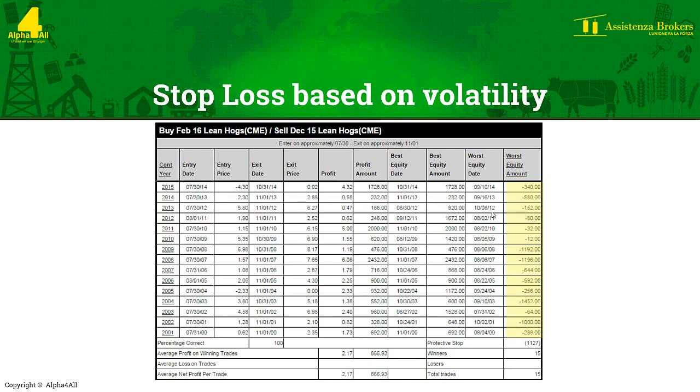When setting your stop loss, consider the volatility of the spread. Looking at all the years in the table, there are a number of them where the best equity amount is higher than the actual profit made. Taking 2013 as an example, we can see that the best equity amount would have been $920 if the trade had been exited on the 30th of August. The profit made on the 1st of November when the trade was closed was $188.